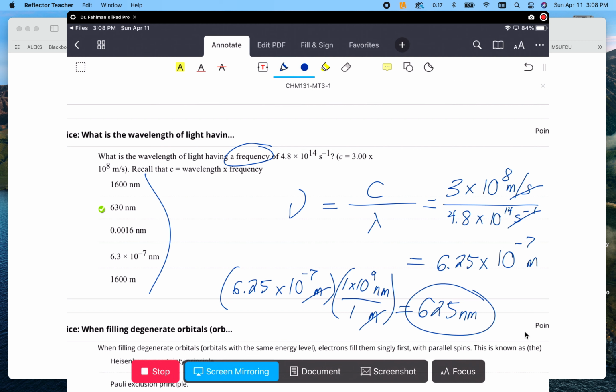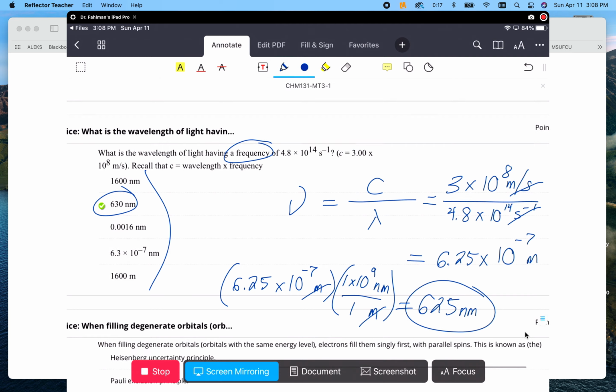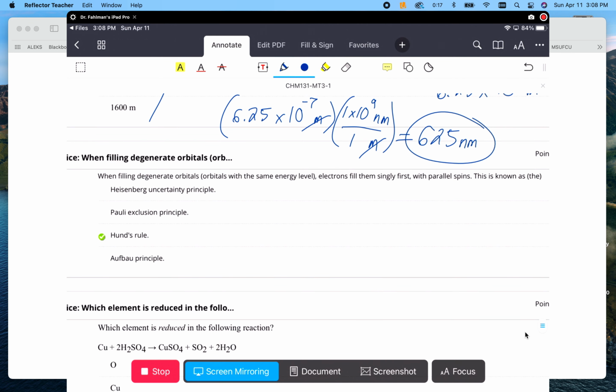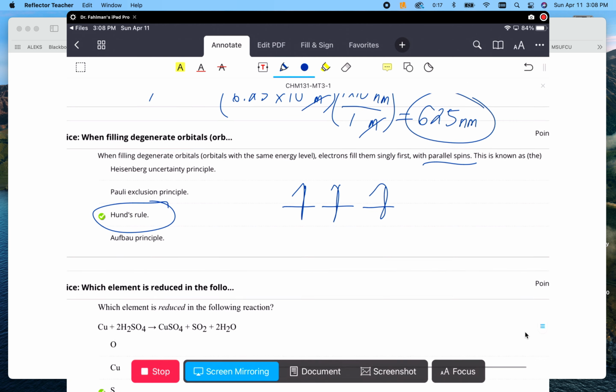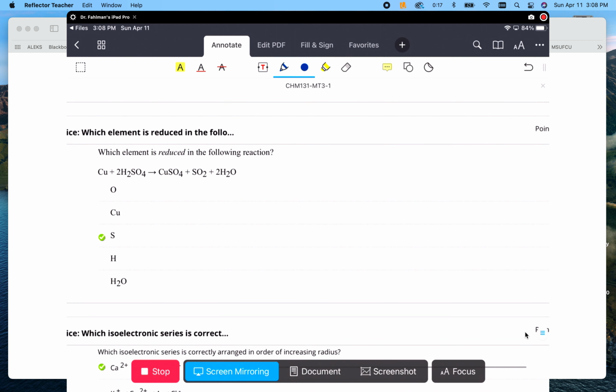Or I guess, rounding up to 2 sig figs, is 630. Degenerate orbitals. So we looked at an example of this earlier for the nitrogen configuration, where they all go in with parallel spins first. This is Hund's rule. Talked about that in class a number of times.